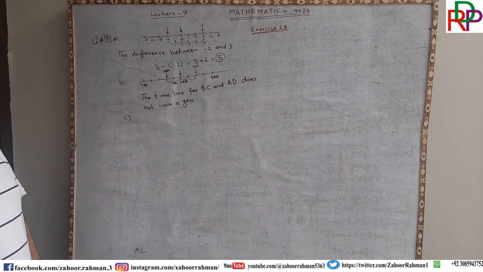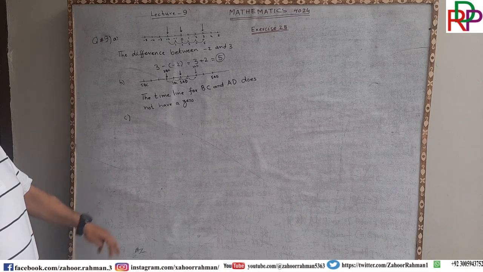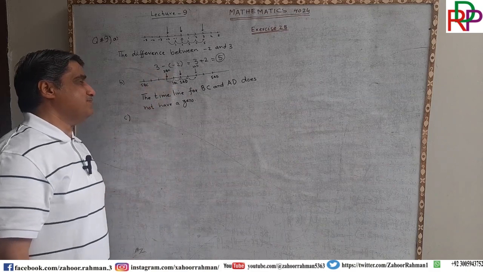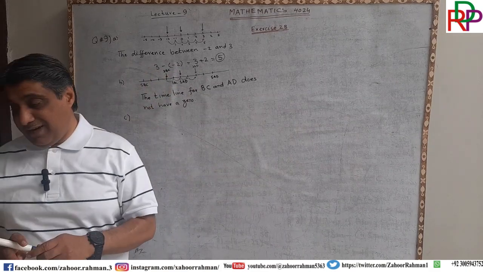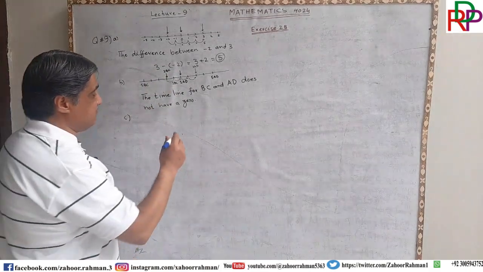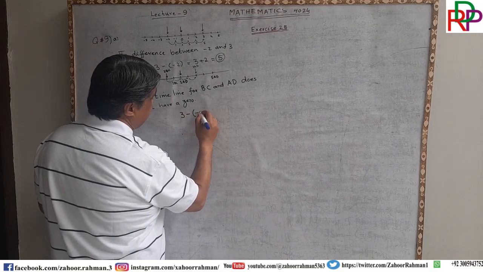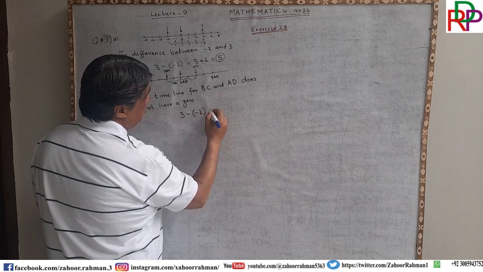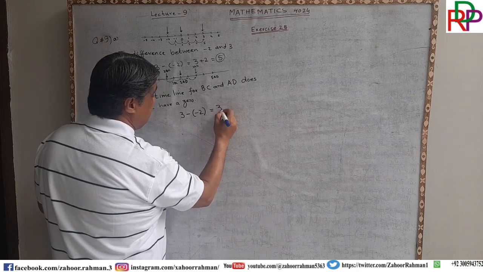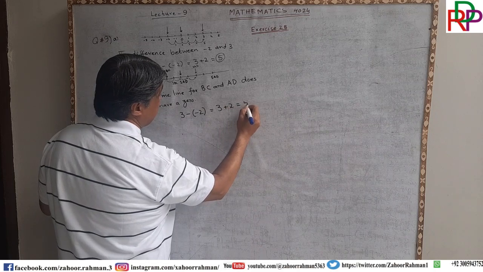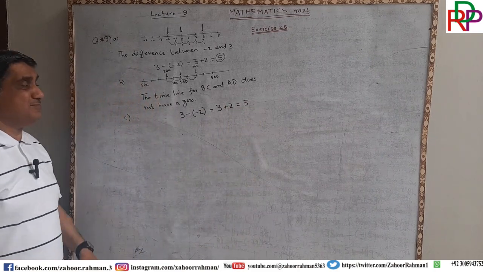Keep this in mind. I have to explain one very important thing. What is the difference between 3 and 2? We can write 3 minus (minus 2), which is equal to 3 plus 2, which is equal to 5.